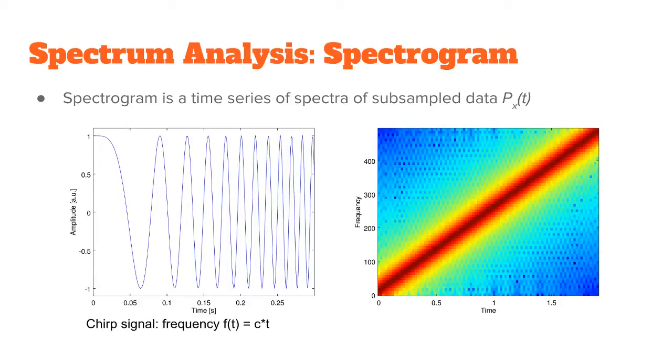To analyze that, a single Fourier transform would give you just a flat spectrum. But if you calculate the spectrogram, it shows you how the spectrum is varying by time. There's time on the horizontal axis, frequency on the vertical axis, and a color-coded picture of how the power is distributed over time and frequency.